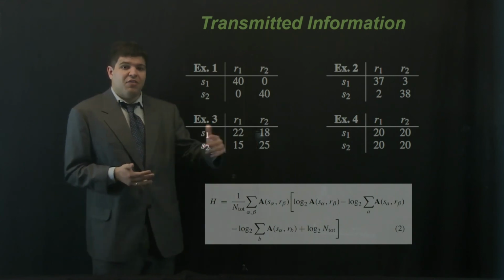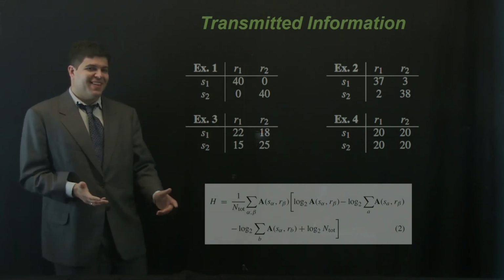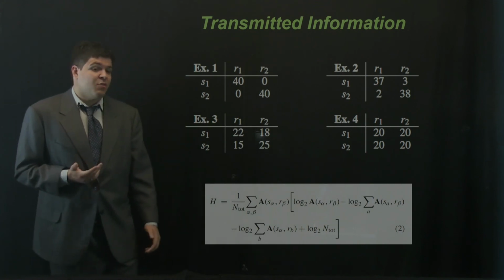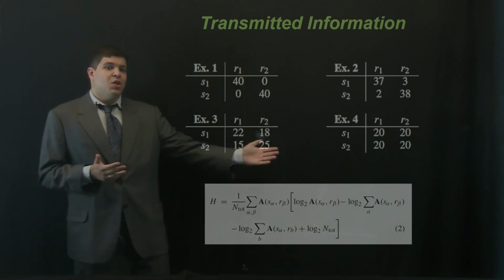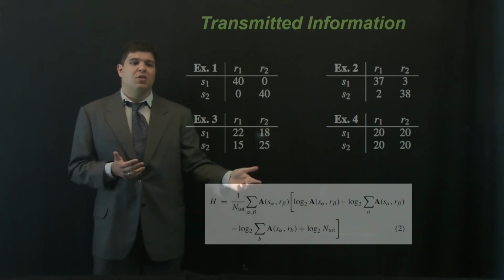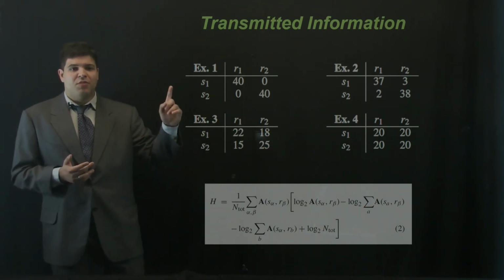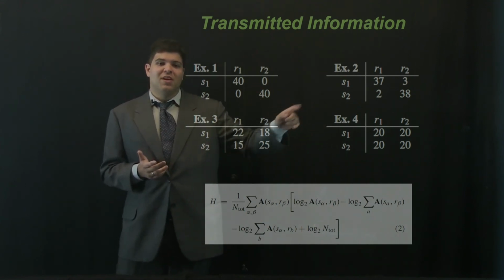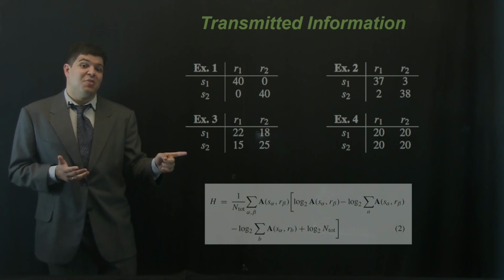You're as good as guessing, like tossing a coin to figure out which class that spike train belongs to, because there's no information conveyed on this, and this is almost as bad as that, maybe a little bit better. So here you have perfect, full information, no information, almost full, and almost no information transmitted.